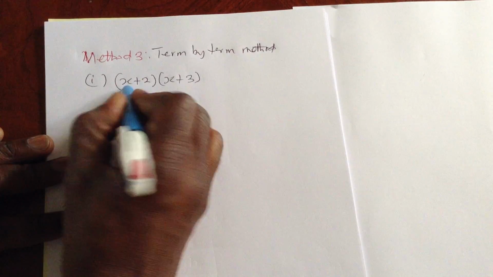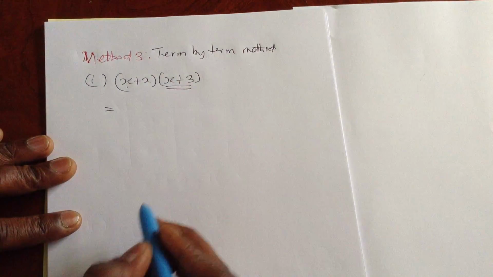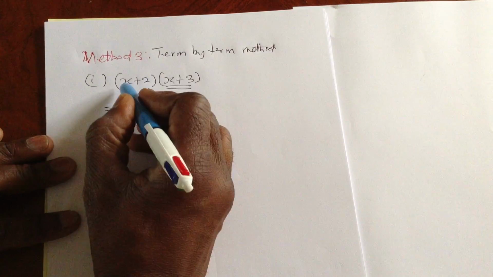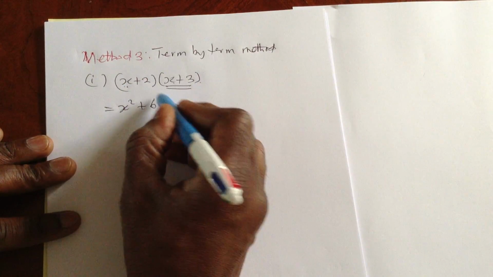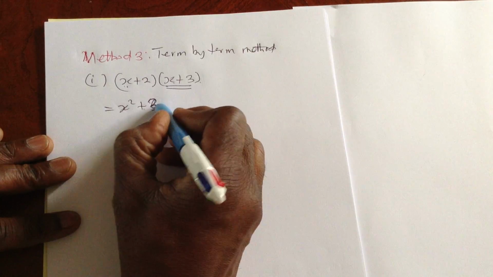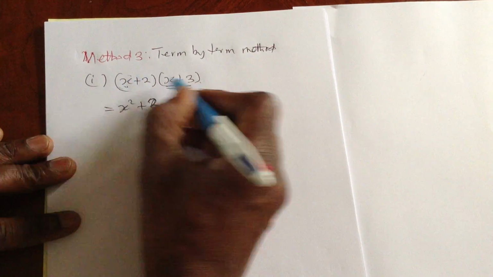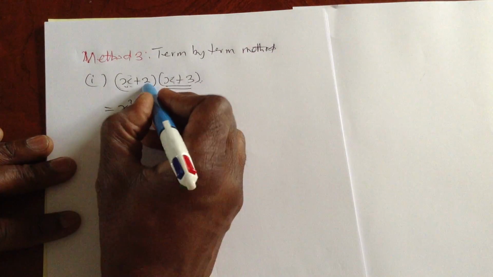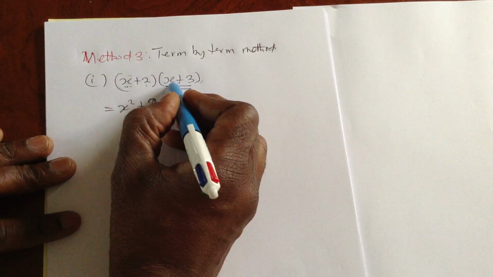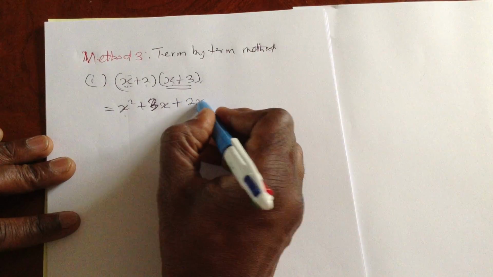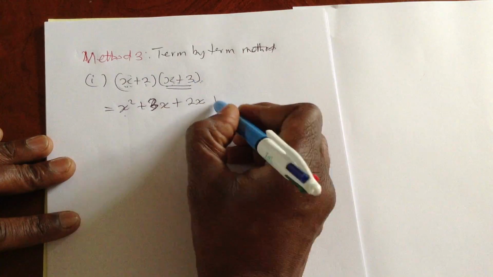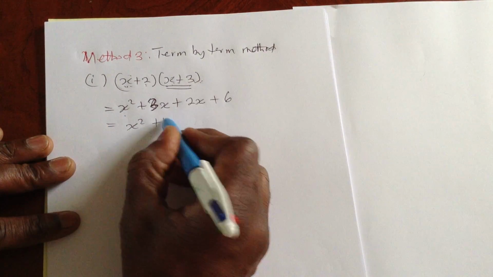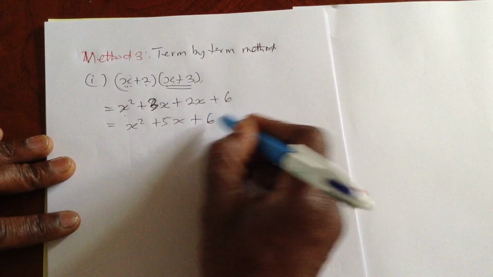We take the first term and multiply it with the terms in the other bracket. So x by x will be x squared, x by 3 will give us 3x. Then we take the second term, 2 by x will give us 2x, and then 2 by 3 we get 6. You simplify that to give you x squared add 5x add 6.